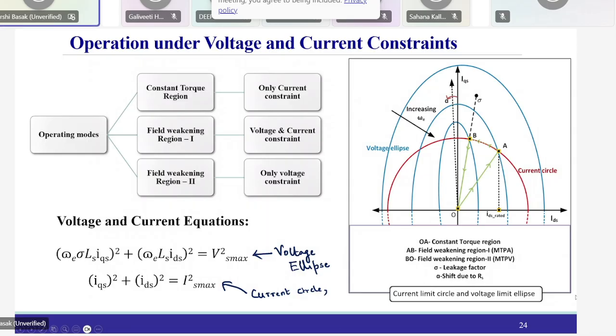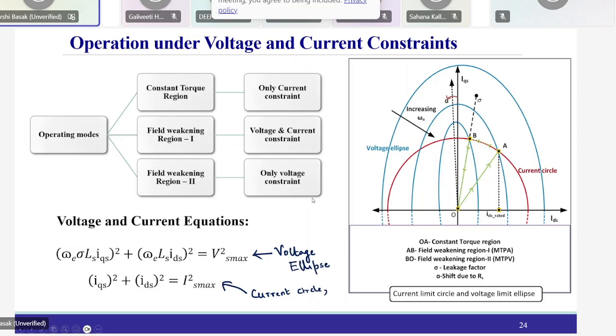The current limit circle and the voltage limit circle are shown here. The voltage limit ellipse will go on shrinking with respect to speed, and at one point of time the voltage limit ellipse will go inside the current circle, and that is what is called field weakening region 2.